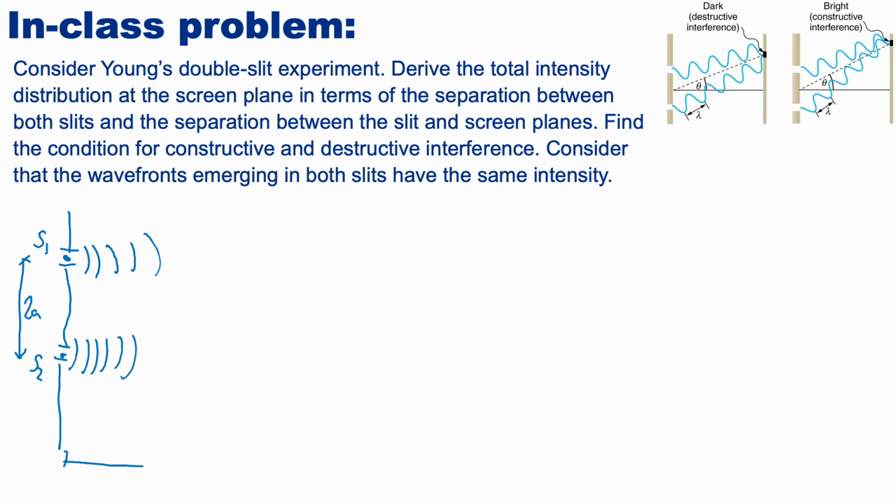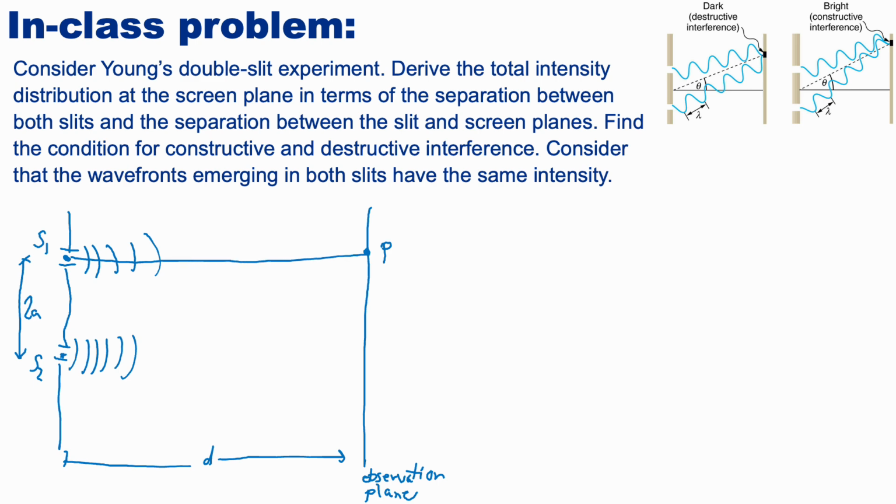And now at a distance d, really far away compared with the separation between the two holes, we have our observation plane or observation screen. In particular we want to see what's going on at a particular point. So here we have the path traveled by one of the waves, and here the path traveled by the other wave.